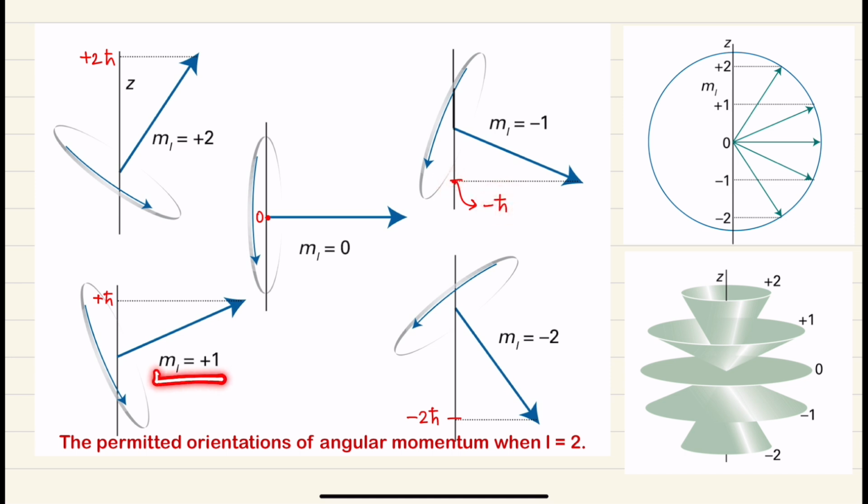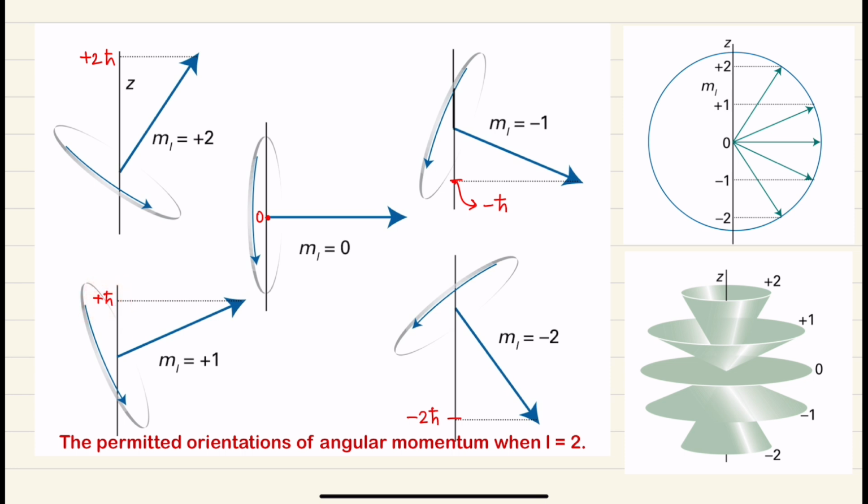And similarly for the ml value plus 1, if the electron revolves around this plane, then this angular momentum vector will project in this direction, right? Perpendicular to this plane, right? And if you take the component of this L vector on the z axis, we get here plus h cut, right?